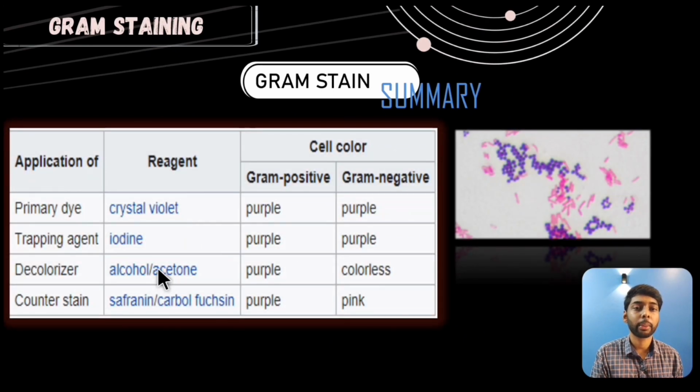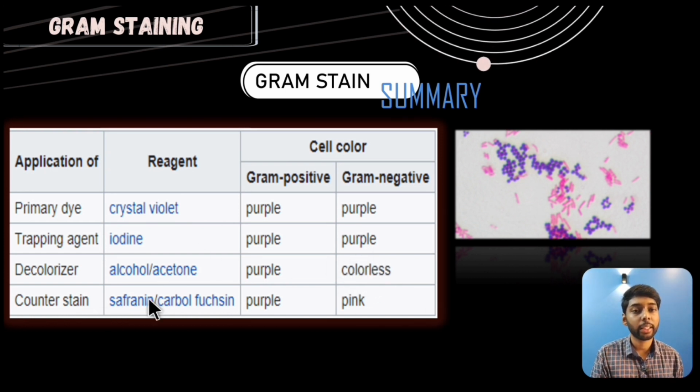Now to summarize, let's look at this chart. It's something that will help us remember the information more easily, in a more organized way. Primary stain, crystal violet, and both of the bacteria stain purple. Then we use a trapping agent to trap the primary stain within the cell wall, and again, both the bacteria will still be purple. And then we try to differentiate, D for differentiation. We use alcohol or acetone as the decolorizer, and the gram-negative, having a thinner peptidoglycan layer, will be decolorized, so they will be colorless at this step.